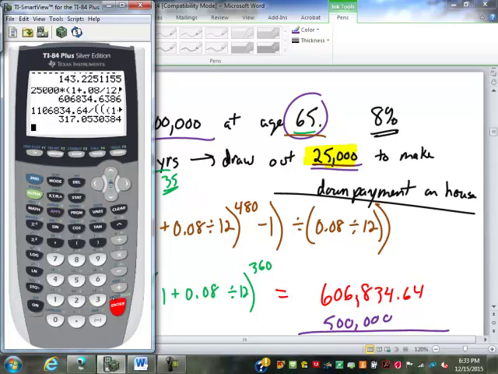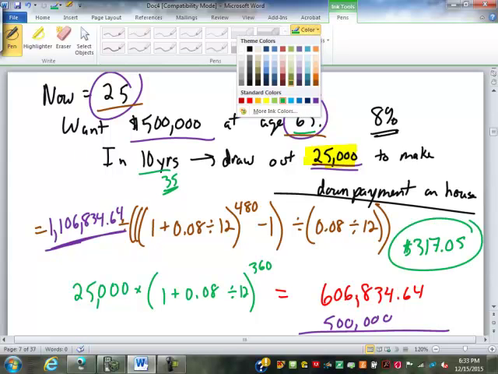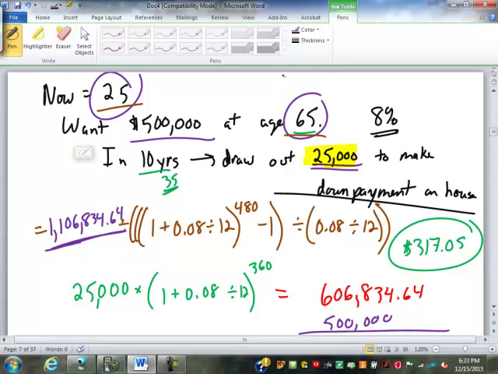That looks better, $317.05. There we go. What do you think? Any questions on that one?